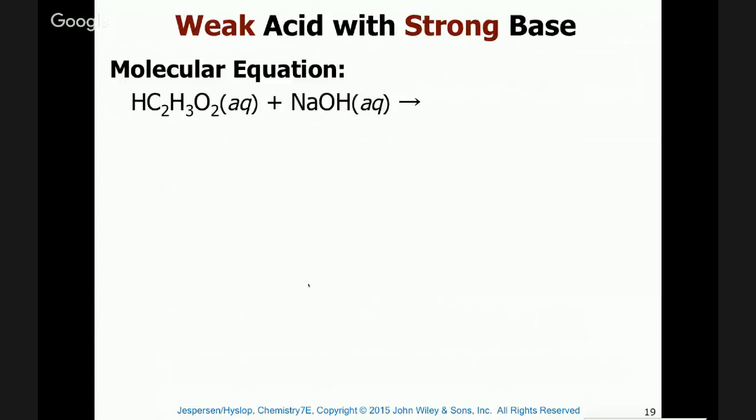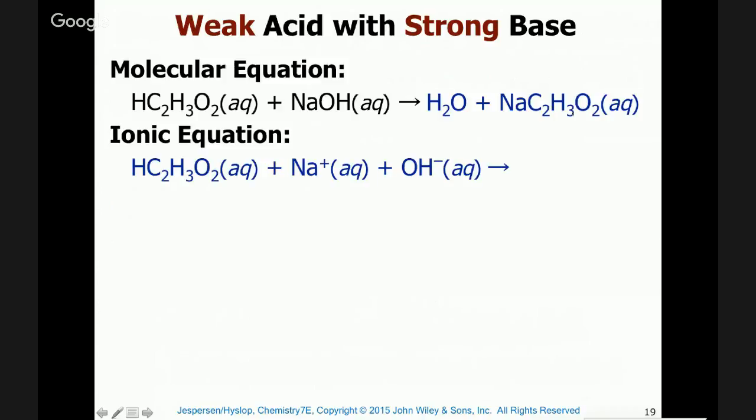Okay, so what about a weak acid and a strong base? We have our weak acid and our strong base forming water and sodium acetate. Our ionic equation. Here we have our Na plus, our OH minus.